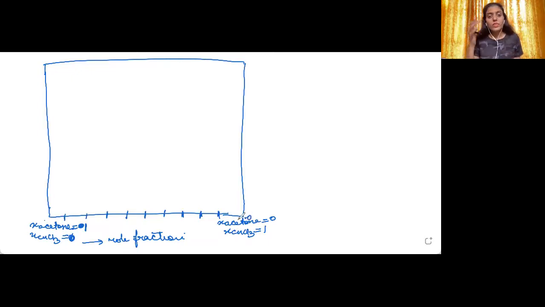Now this is the mole fraction of chloroform. In this direction, the mole fraction of chloroform is increasing, and in this direction, the mole fraction of acetone is increasing. For acetone, this is 0.1, this is 0.2. Be careful, just listen to me very carefully in this question. It is 0.3, 0.4, 0.5, 0.6, 0.7, 0.8, 0.9.